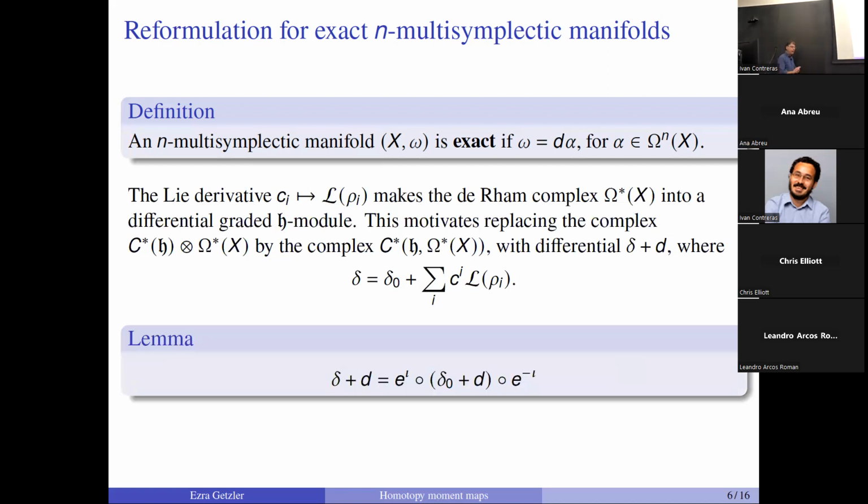So here's a little lemma that is basically Cartan's homotopy formula for the Lie derivative as the commutator of the de Rham differential with the contraction. And so it turns out that these two differentials are conjugate to each other. There are a lot of places in mathematical physics where we see analogous formulas to this. So what that means is I can now untwist the formula of Callies et al. and get a much neater formula in the special case of exact multisymplectic manifolds.